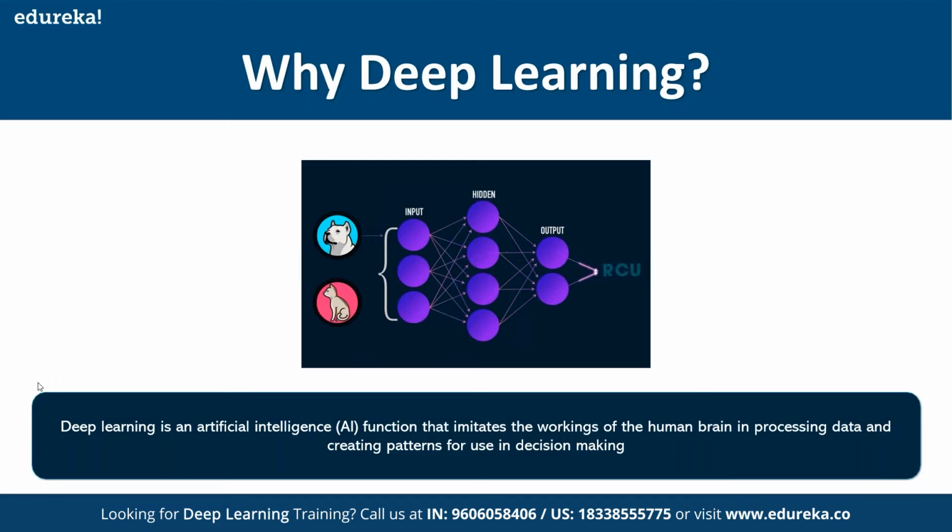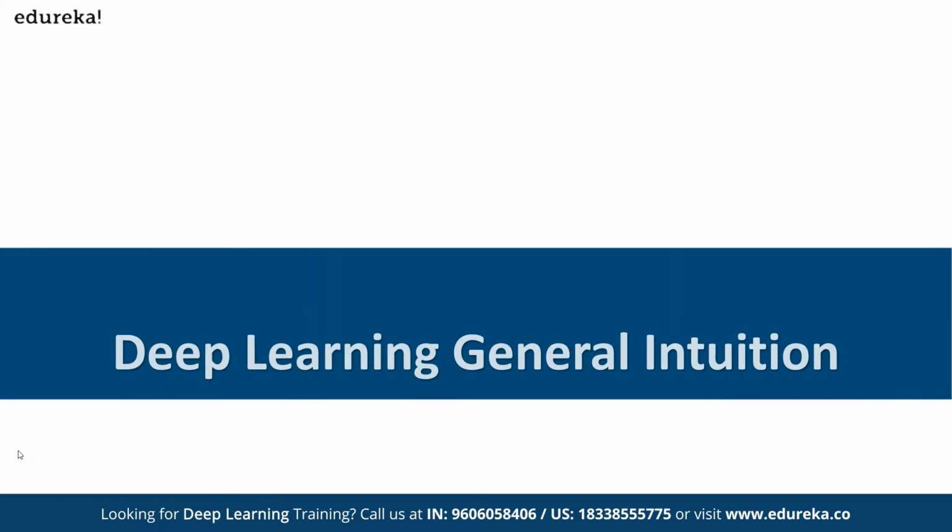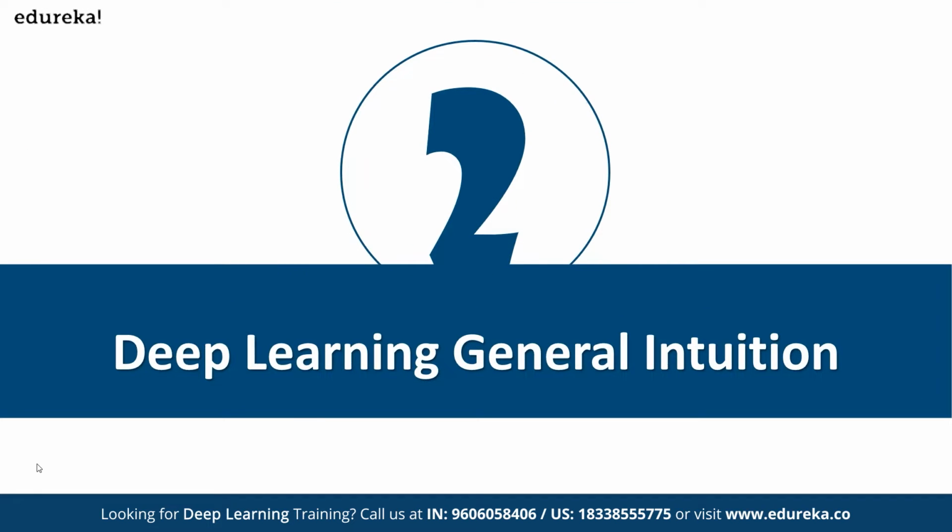When we are talking about deep learning, if I want to give you a general intuition behind it, as I mentioned, it has been created in such a way that the data is analyzed just like we humans analyze the data. To help you understand how it actually does this, just think about it.